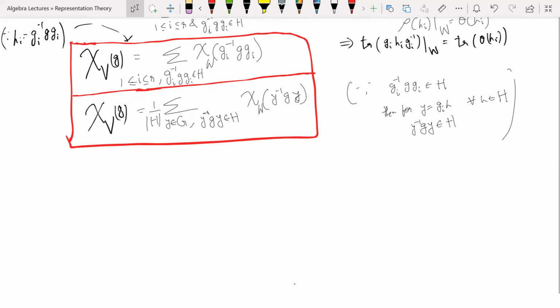For instance, if you take the trivial group. Of course this is necessary: if you start with something which is not an irreducible representation and you induce, the induced representation will of course decompose.